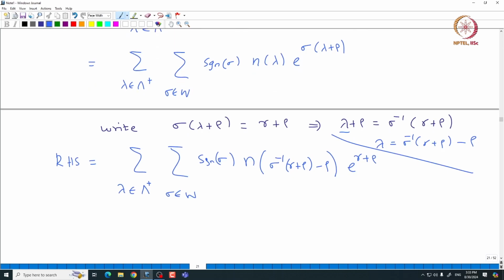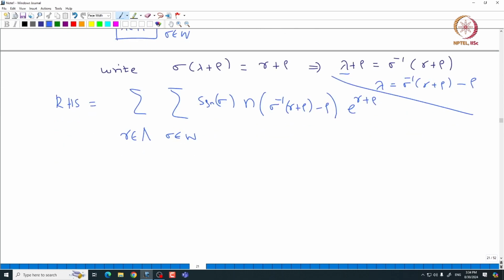Here the lambda is indeed running over capital lambda plus, and since lambda plus rho will be just dominant somewhere, but we are using this Weyl group action, we will be able to reach all elements in the weight lattice. So, that means this part indeed becomes gamma in capital lambda. Okay. So, this is what the right hand side looks like.